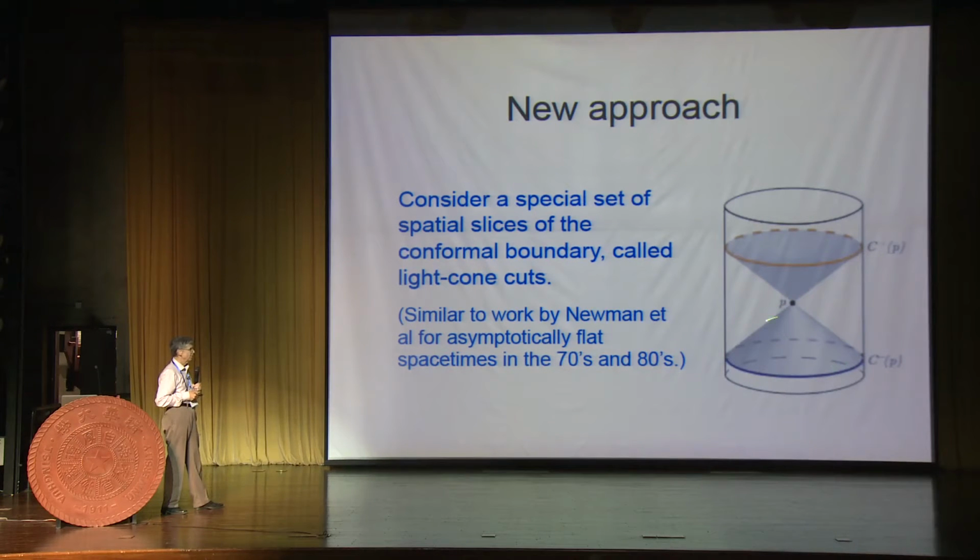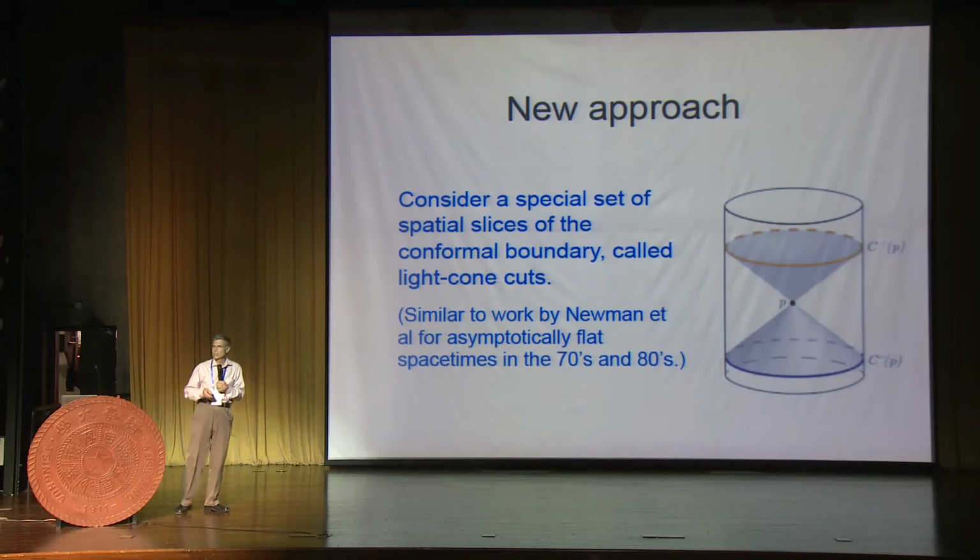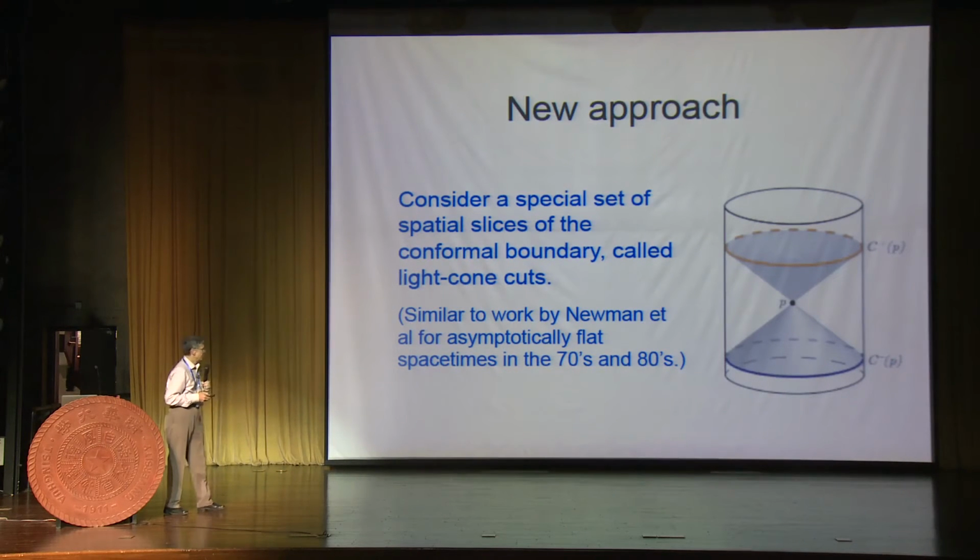Basically, where those light cones intersect the boundary, you get a particular cross-section or cut of the boundary. And we'll call these light cone cuts. This is reminiscent of work that was done by Ted Newman back in the 1970s and 80s when he was looking at similar cross-sections of null infinity for asymptotically flat spacetimes.